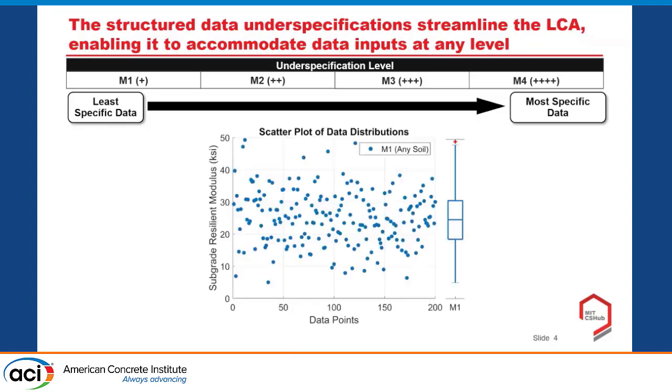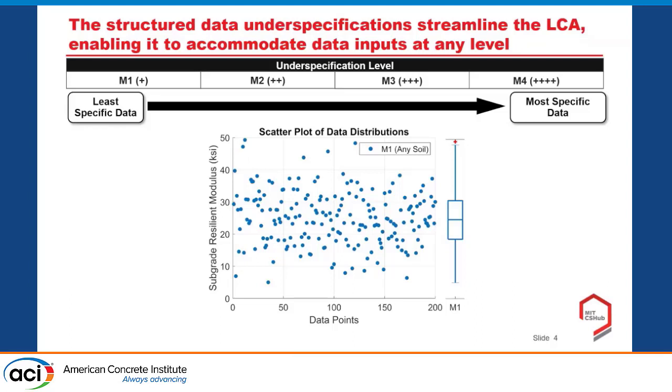From level M1 to level M4, M1 is the least specified data and M4 the most specified data. This table or figure shows an example of one of the inputs, called subgrade resilient modulus, which has, say, 200 data points, which can be 200 Monte Carlo simulations run iteratively. If we only have M1 data, there's no specification of this data; we just assume the user does not have the properties of their soil.